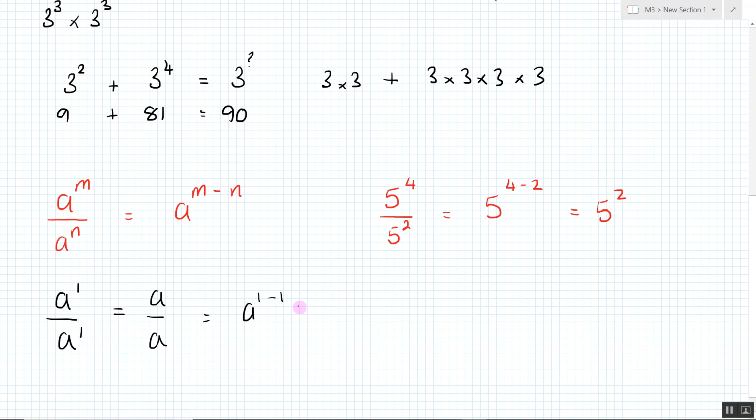Which is 1. Because what do you get if you divide something by itself? 1. So this is a proof that something to the power of 0 is always 1. Okay? Got that?